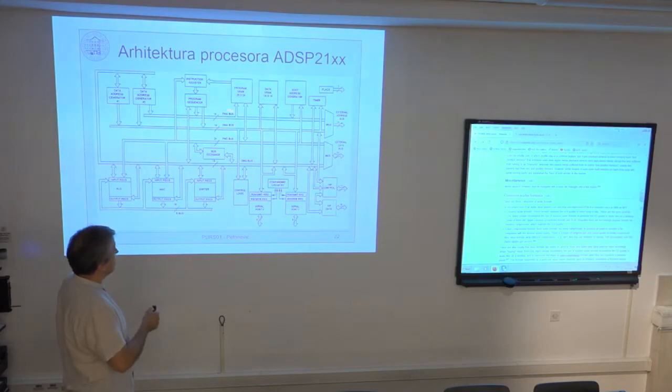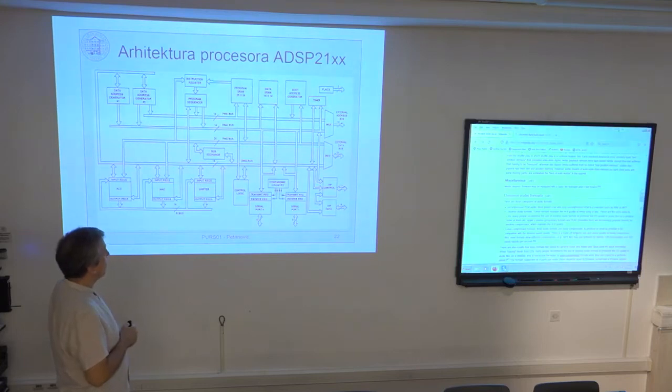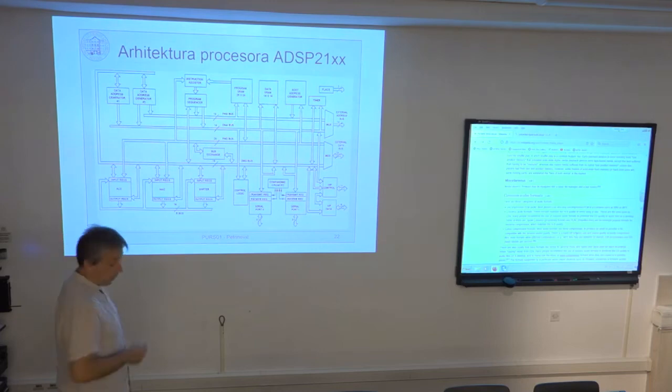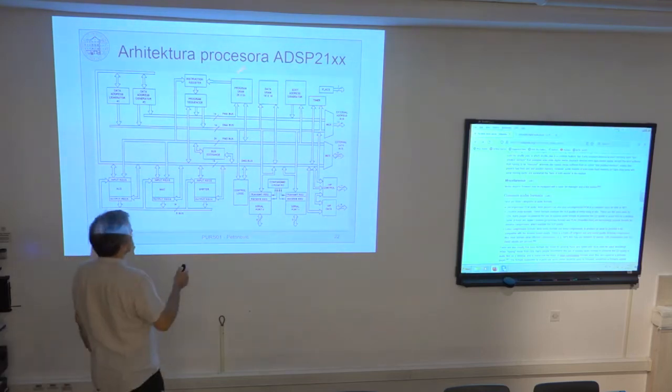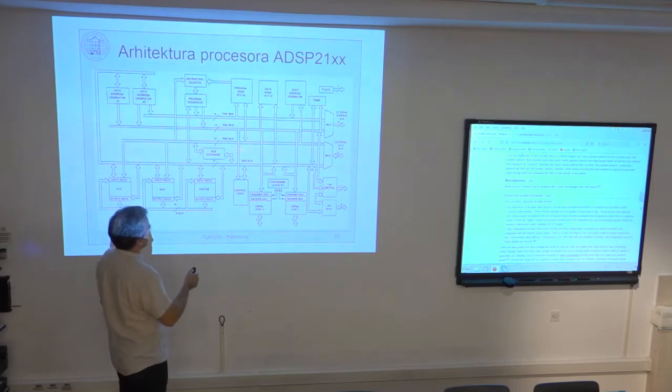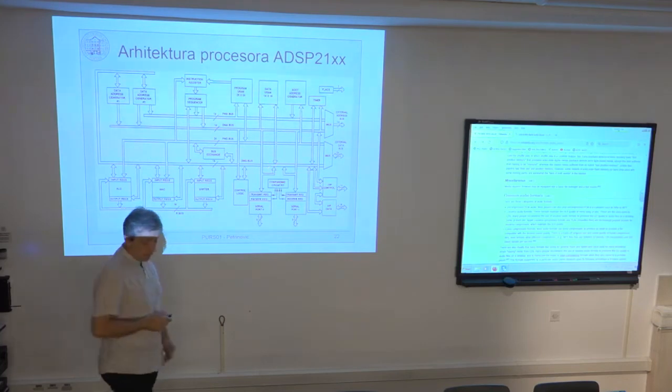Of course, this program memory address bus is connected to the program memory, static memory. Data memory address bus is connected to data memory. And the output value that is addressed by one or the other of these 2 addresses is then forwarded to the corresponding data bus, from program memory to the data bus of the program memory, and from the data memory to the data bus of the data memory.